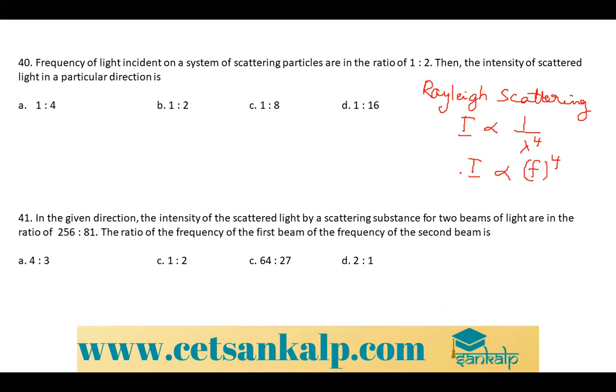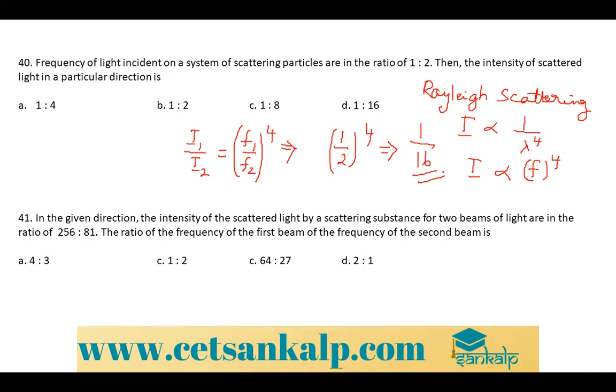So I1 by I2 is equal to (f1 by f2) whole to the power 4, which is (1 by 2) whole to the power 4, that is 1 by 16. 2 to the power 4 is 16. So the ratio is 1:16.